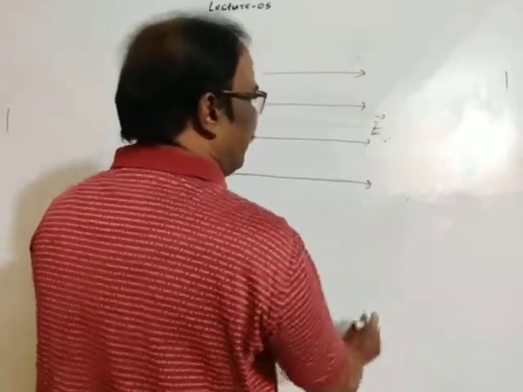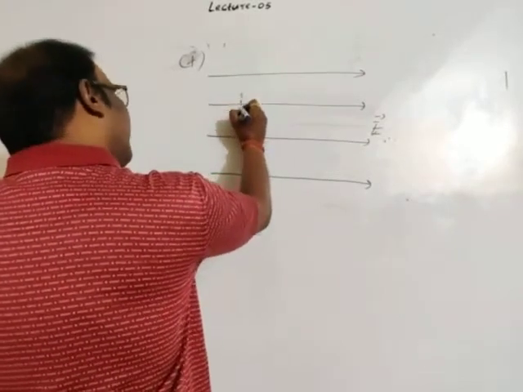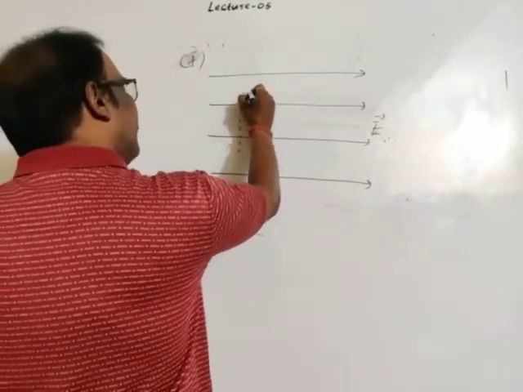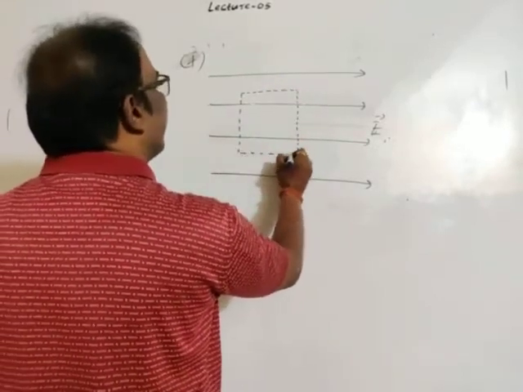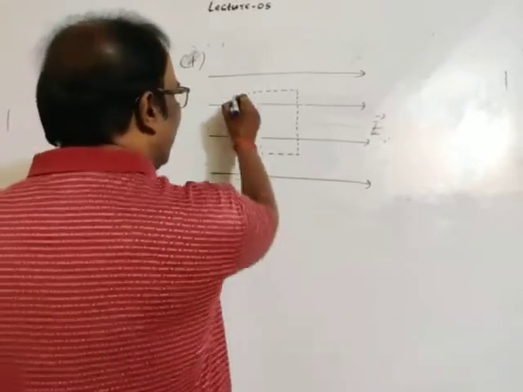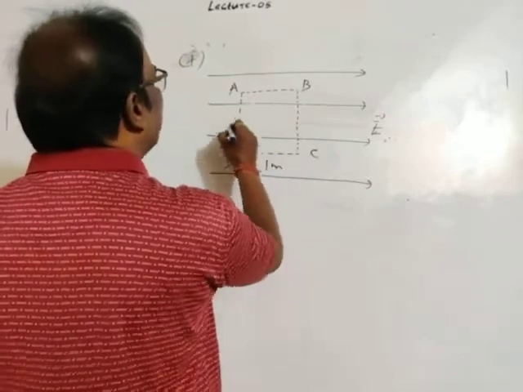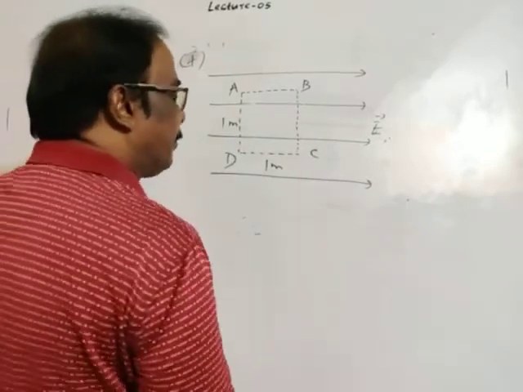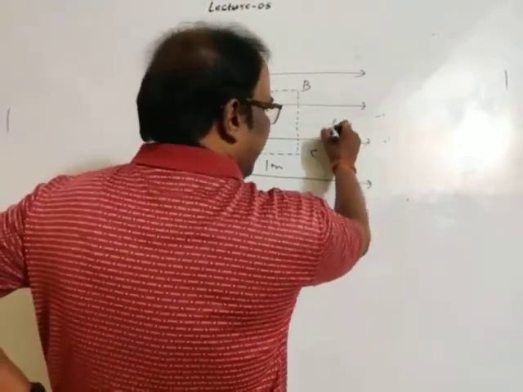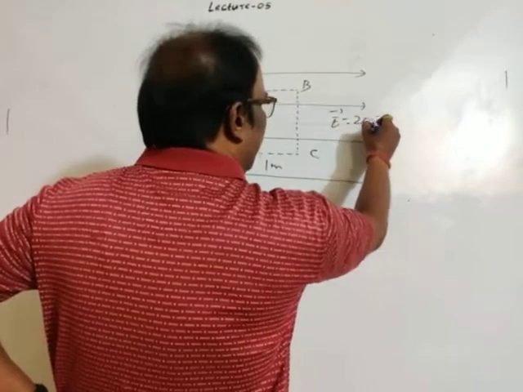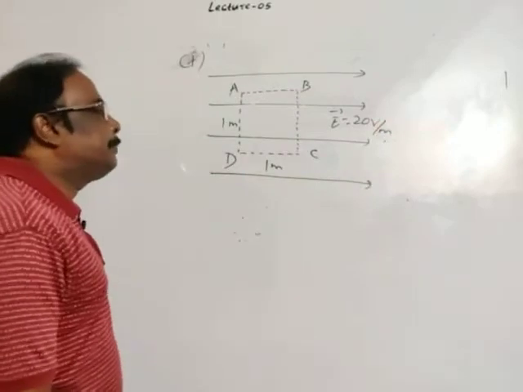The electric field is E. This is a square ABCD in the electric field. Each side is 1 meter. Let the electric field be 20 volt per meter, and it's a uniform electric field.